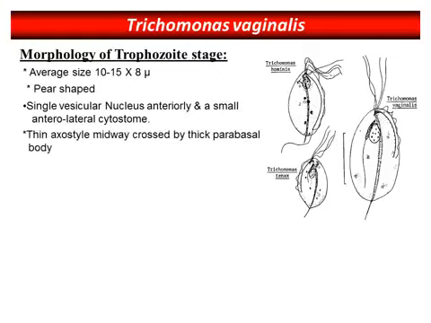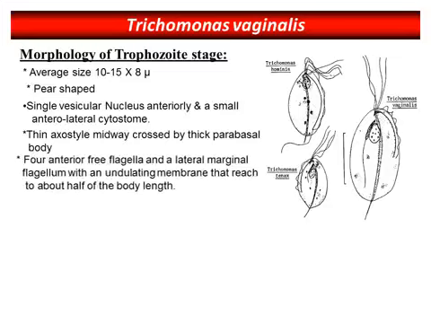Thin axostyle midway, crossed by a thick parabasal body. Four anterior free flagella, and the lateral marginal flagellum with an undulating membrane that reaches about half of the body length.